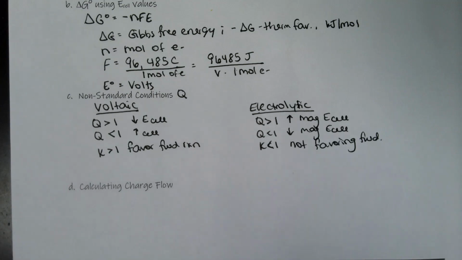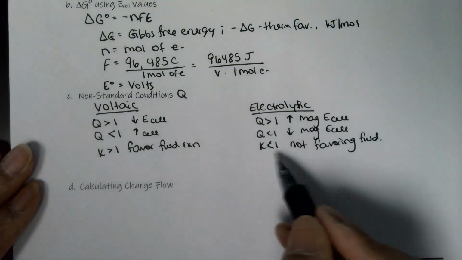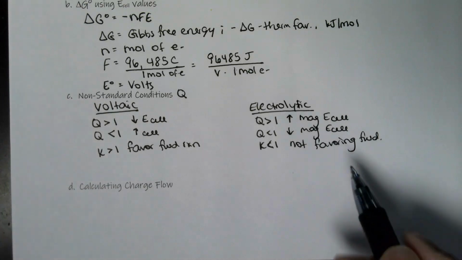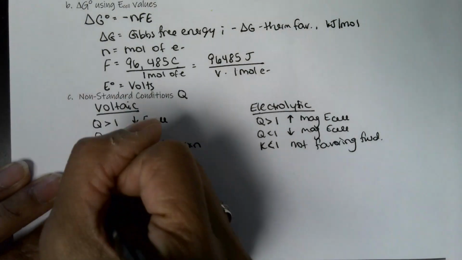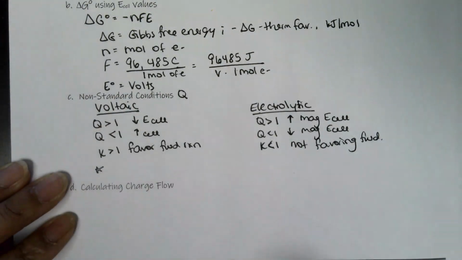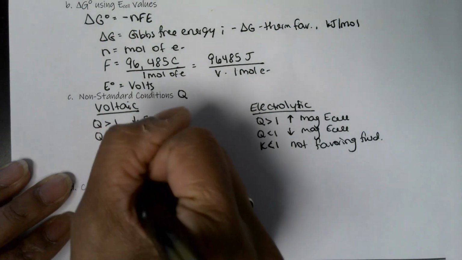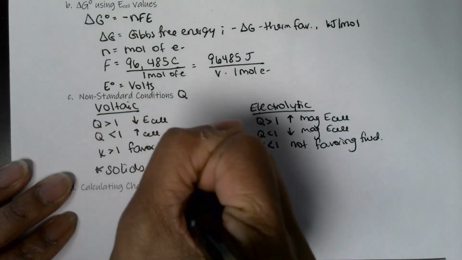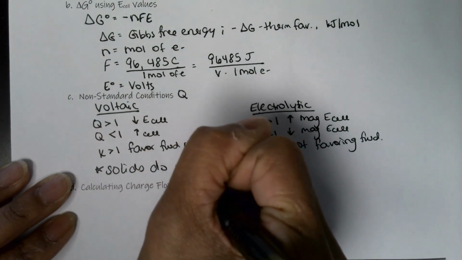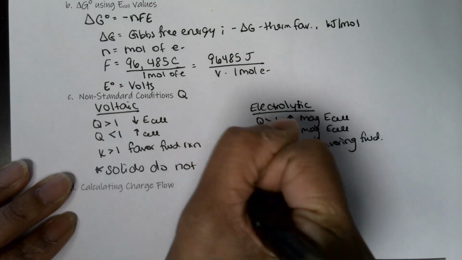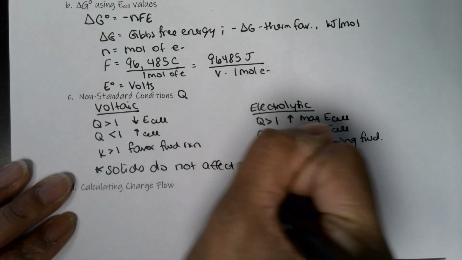It's going to proceed in the reverse direction, and that's not thermodynamically favorable, hence why we have to have the battery to actually kickstart the reaction. One little thing to note is that solids do not affect the initial voltage.